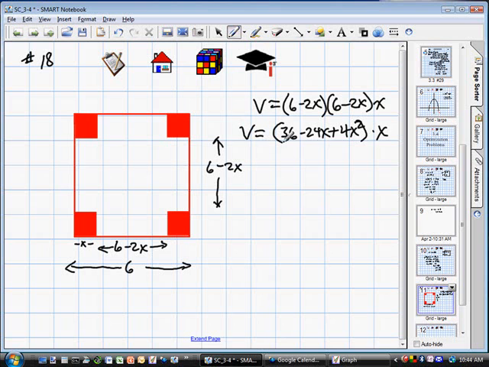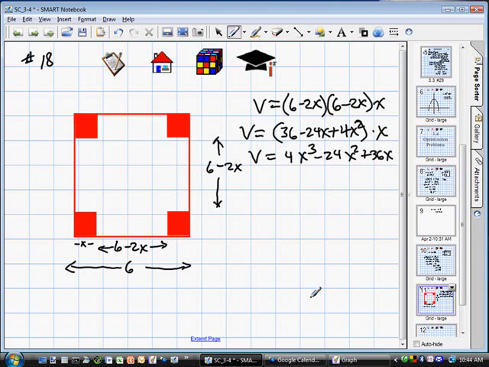And finally, when I multiply through by x, I get the volume of this thing.